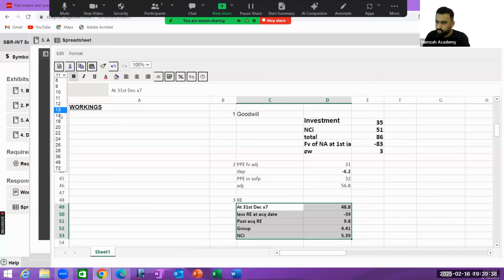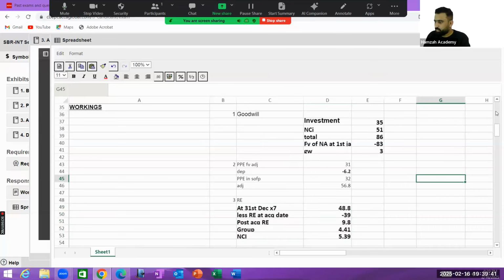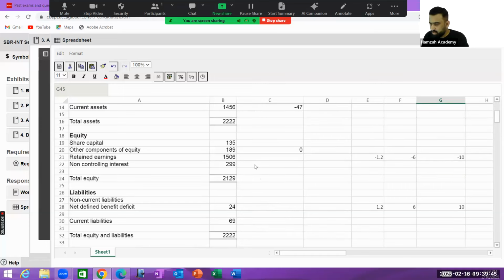relating to the group. Let me highlight. Now 4.4. Coming here, retained earning of 4.4 needs to be eliminated, because in 1506 we have retained earning from subsidiary 4.41 million, which should not be consolidated because the B company is not our subsidiary, but they have consolidated it, so we need to eliminate.